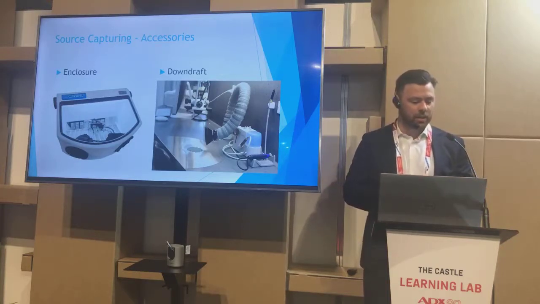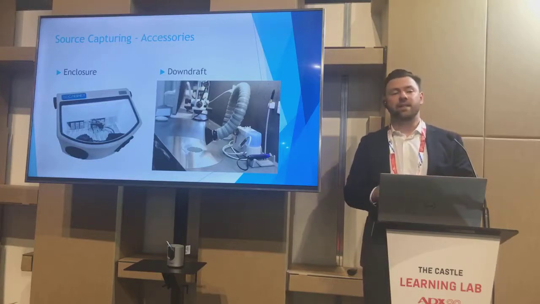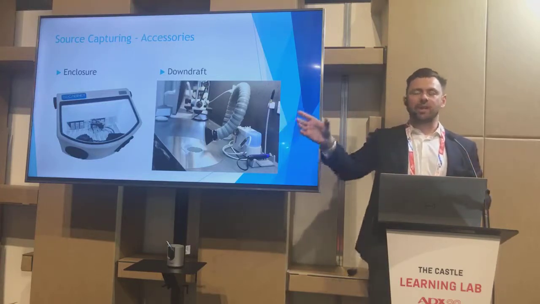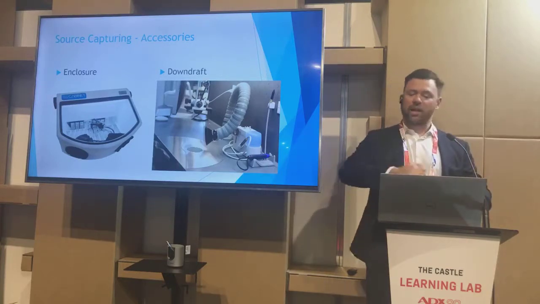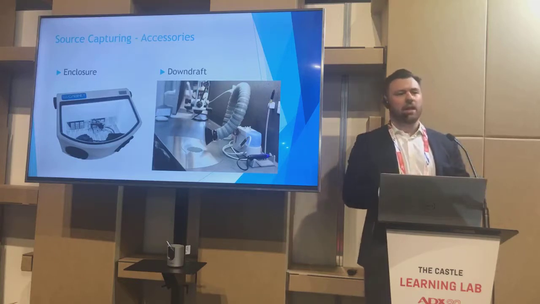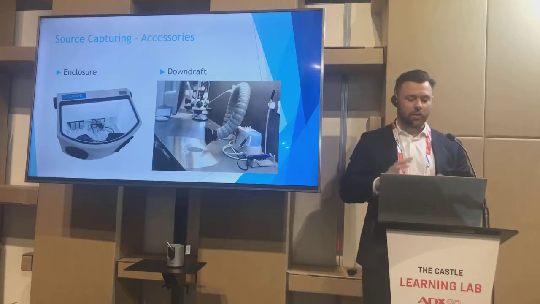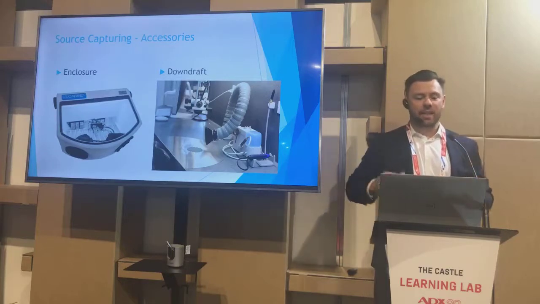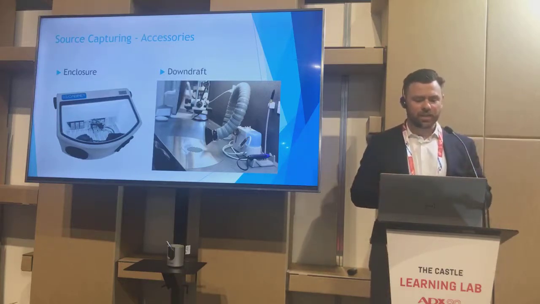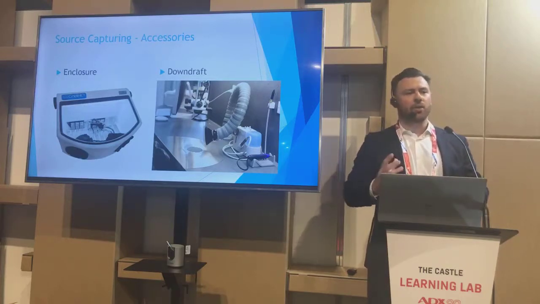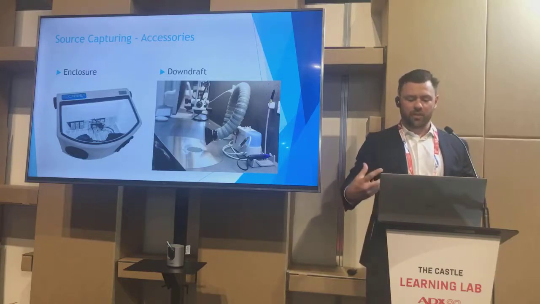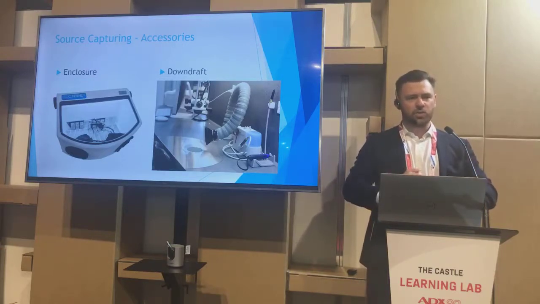This box right here is our cut and clean cabinet, and it's designed for when you take the zirconia block out of the mill, you put it into the box, you've got an air blast nozzle, you can blast it out, and you can cut the restorations out, all within a nice sealed box that basically has negative pressure inside of it. So it works great. And then downdraft, this is a more exposed situation where you want a really strong dust collector port to collect that dust.